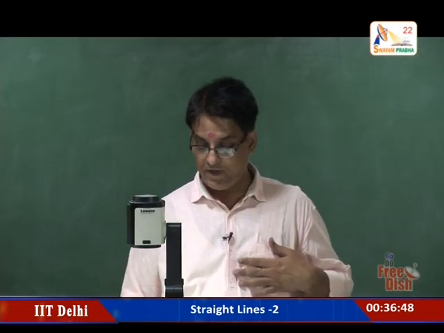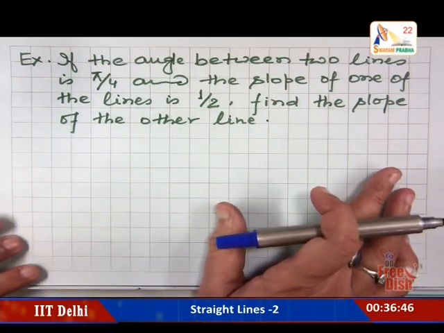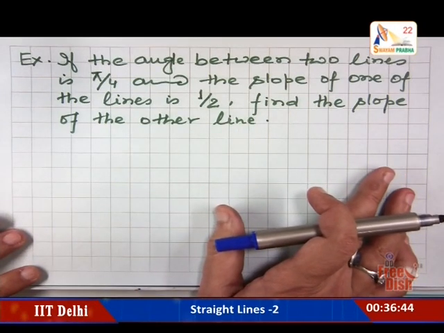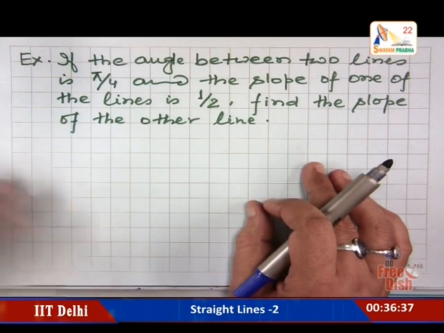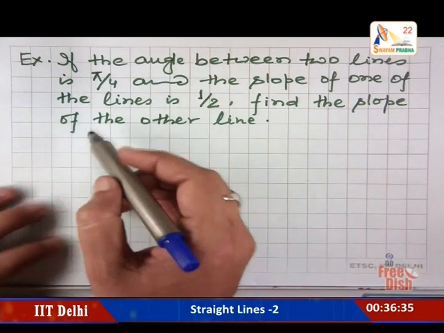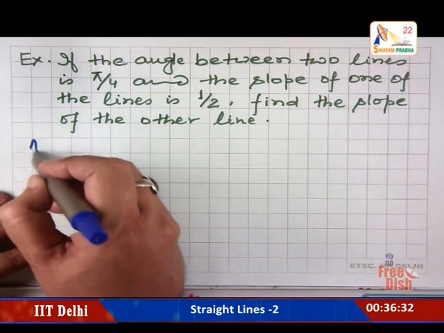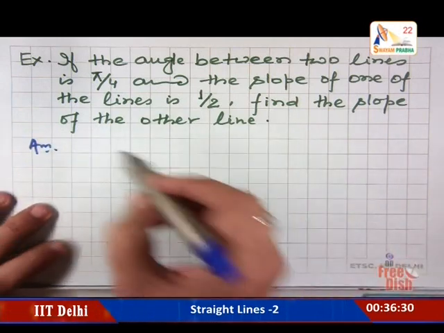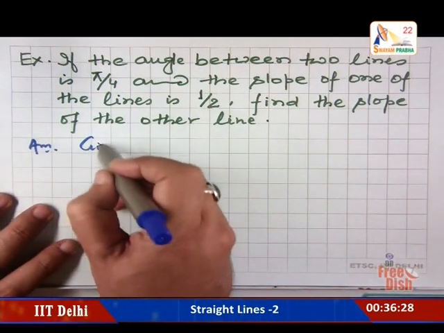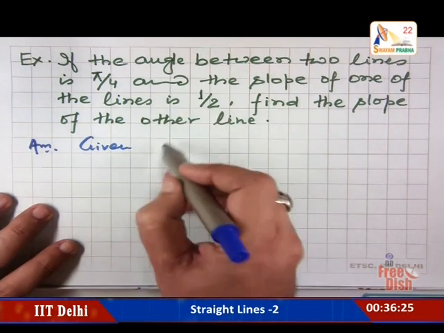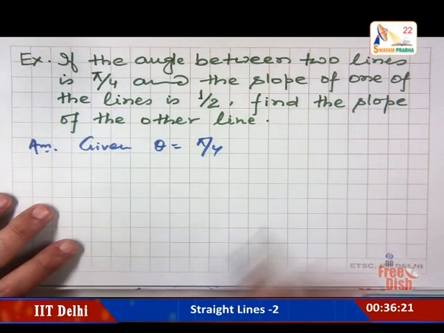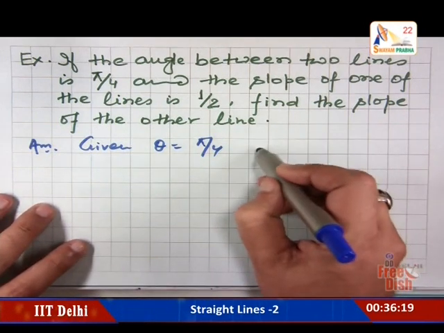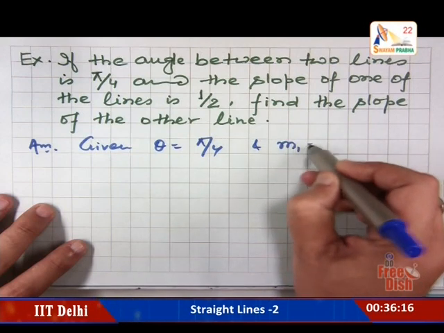Here is another problem: if the angle between two lines is pi by 4 and the slope of one line is 1 by 2, find the slope of the other line. Given here, theta is equal to pi by 4, and say m1 equal to 1 by 2.